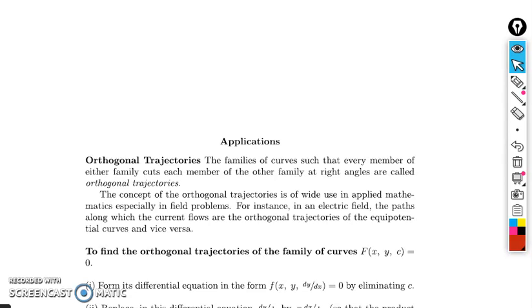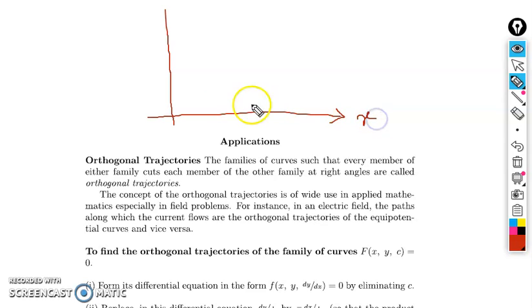Before we define the meaning of orthogonal trajectory, here we plot a diagram for your clear concept. So here we consider two axes. Observe very carefully. This one is your x-axis, and that is your y-axis.